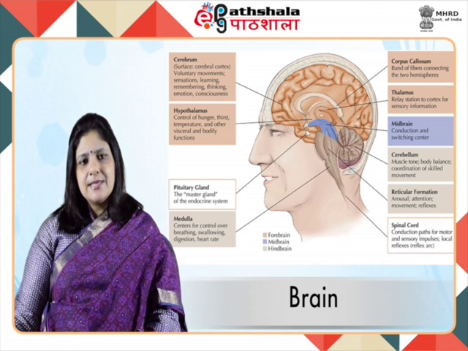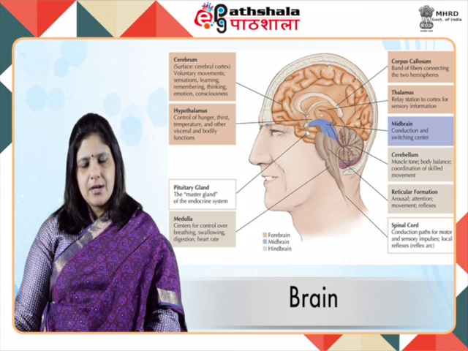The cerebellum is the other major portion of the hindbrain, which is attached to the brain stem. Let's understand what the brain stem is all about. It is called the life support system. The structure of the brain stem consists of pons and medulla. They support the vital life functions.